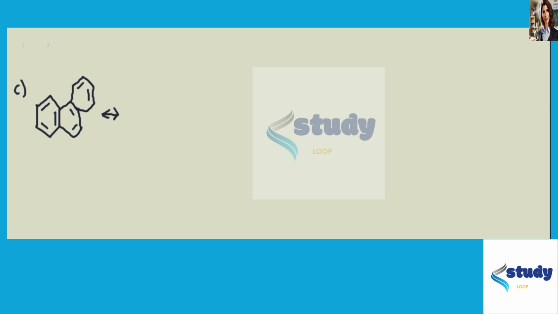So at first, we can just move the double bonds in the leftmost ring. And so that will put us here.